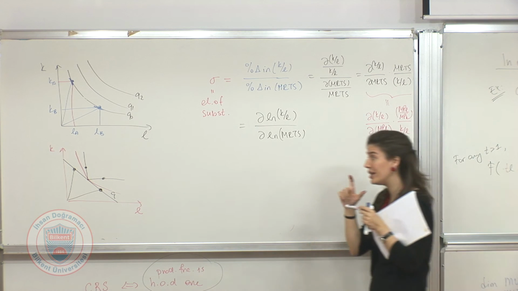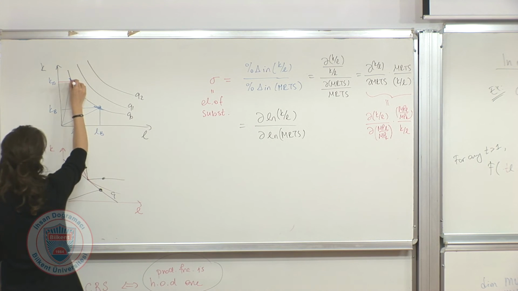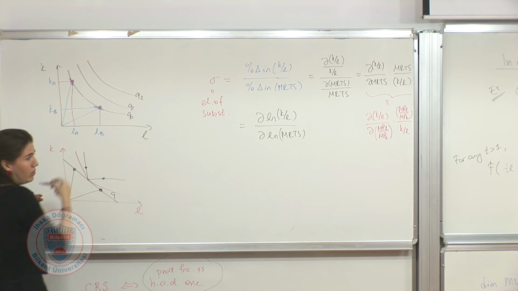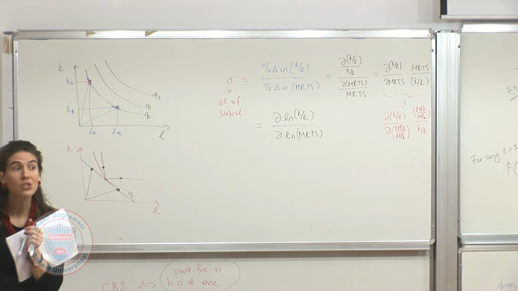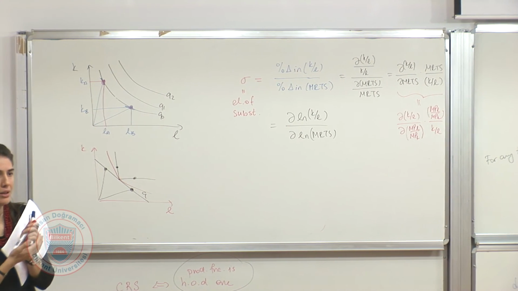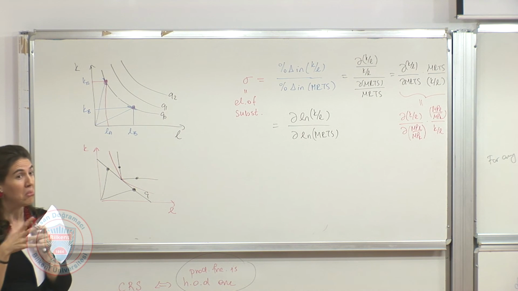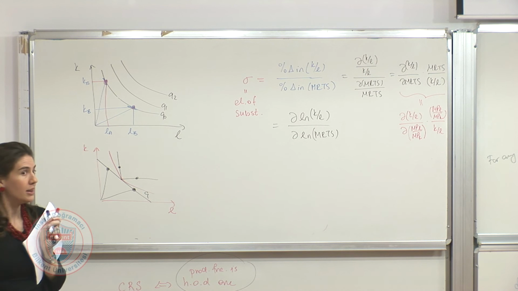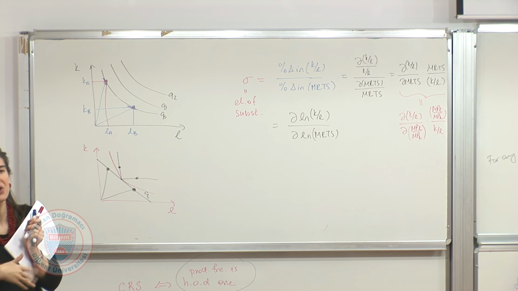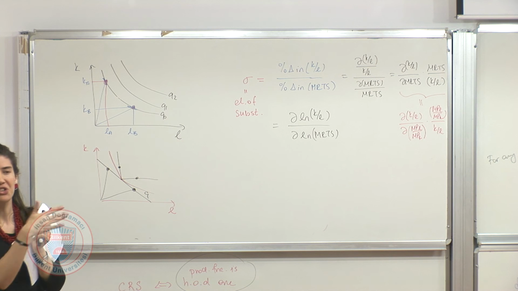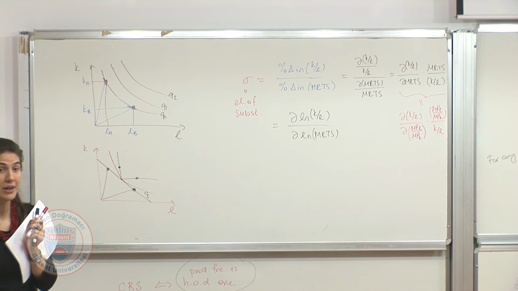When I change this capital to labor ratio, apparently the ratio of the marginal productivities changes as well, right? If the ratio of the marginal productivities changes a lot, I might not want that. Or if they don't change at all, I can easily change my K over L ratio. I can easily use one input for the other, okay?